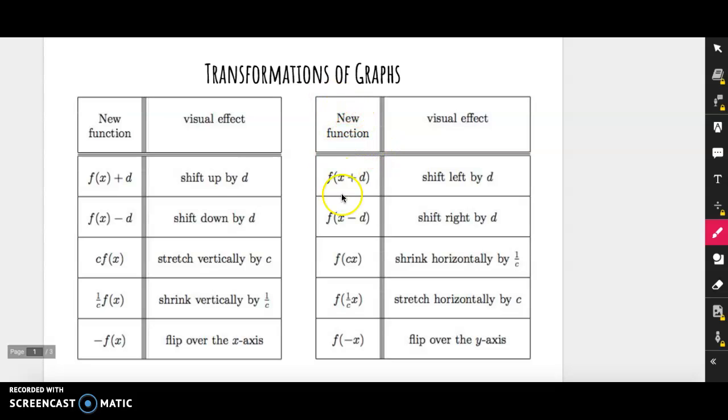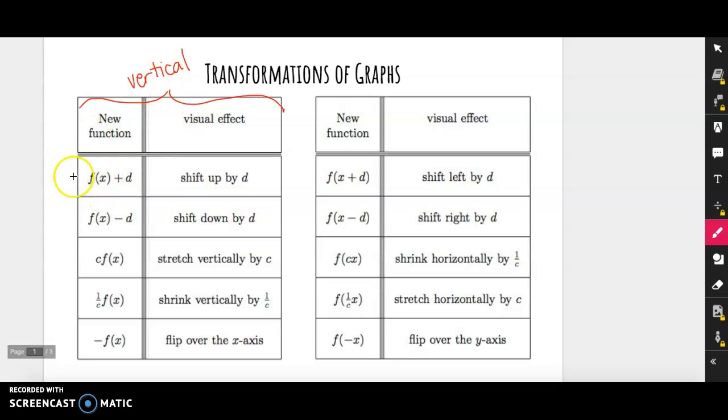Okay, so let's talk about the first ones. This section, this part right here, is all vertical. So these are all things that vertically transform your graph.